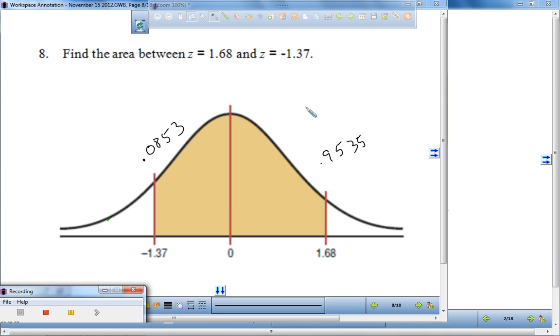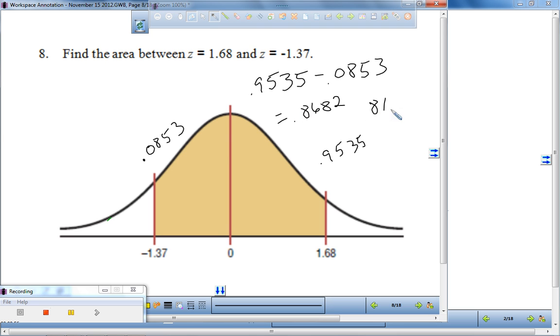So we take the difference between the two to get our area underneath the curve. When we do that, we should get 0.8682, which is going to be 86.82%. So that's the area under the curve from negative 1.37 to 1.68.